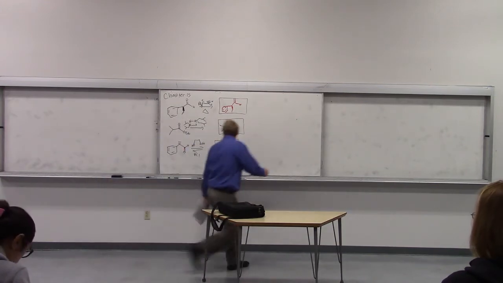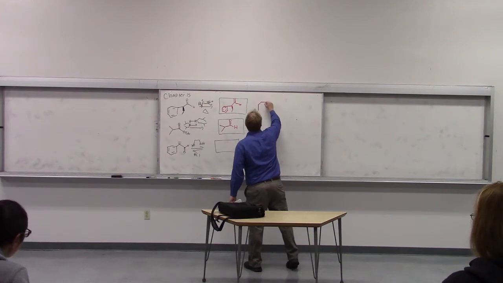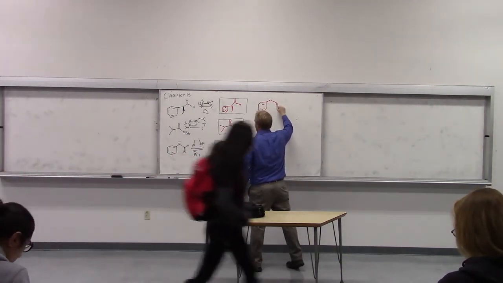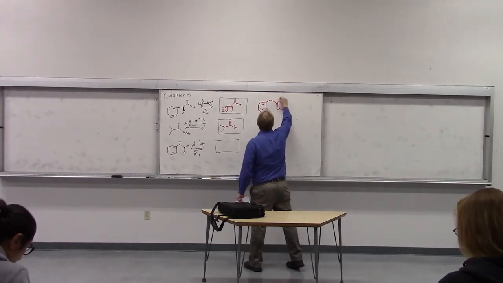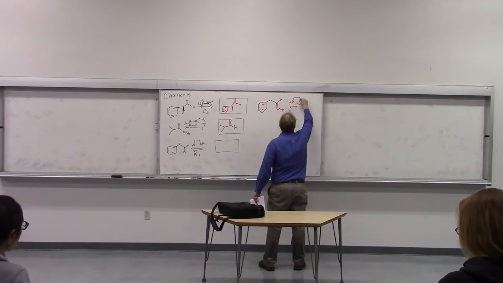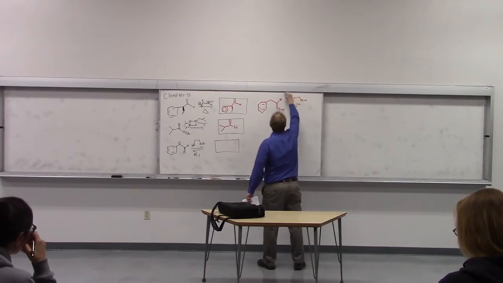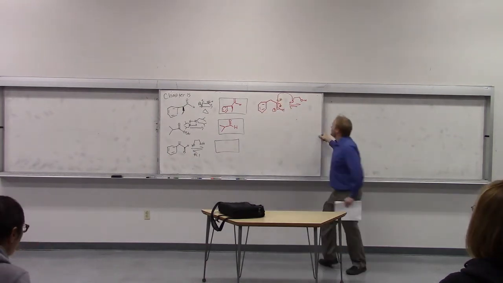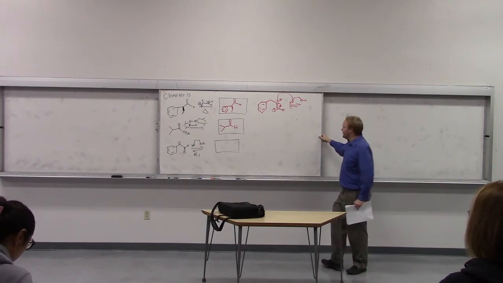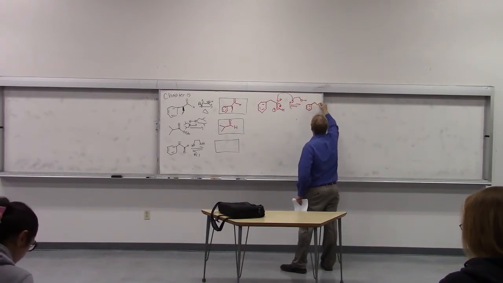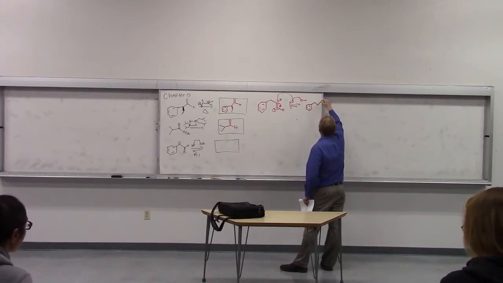So first off, under acidic conditions, our carbonyl will be protonated. And then the alcohol can add in to the protonated carbonyl to give us a tetrahedral intermediate.